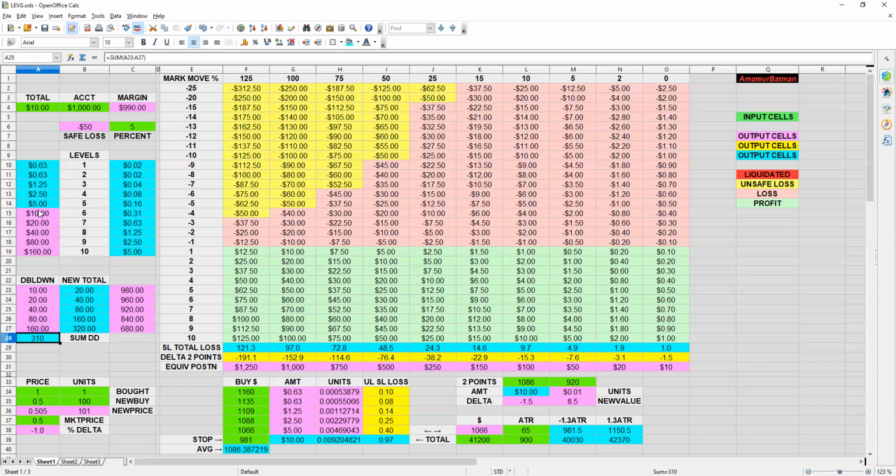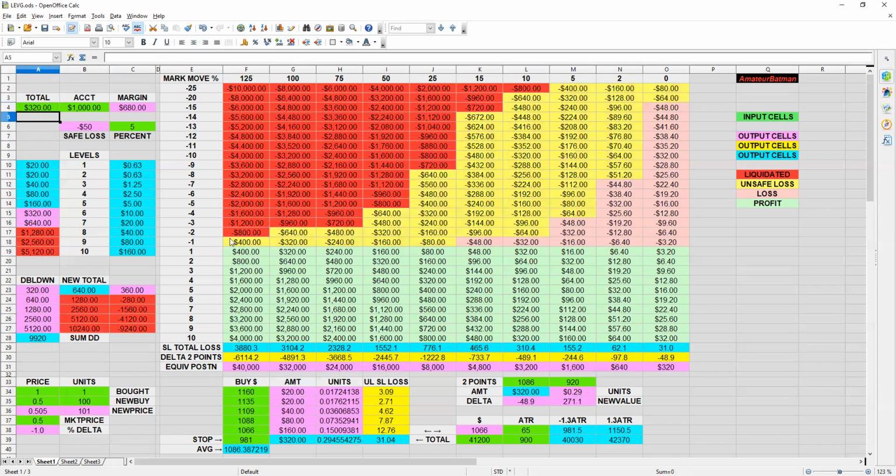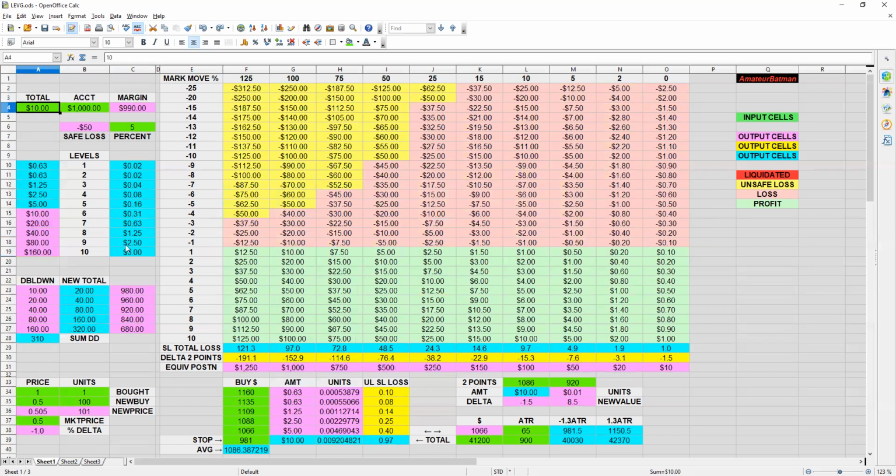Now, if you were to purchase all the way down to 160, your new total would be 320, which shows you that you'd be at risk of liquidation almost right away. So that's too far for you to be able to buy down. So, you can go down the next level, 160.